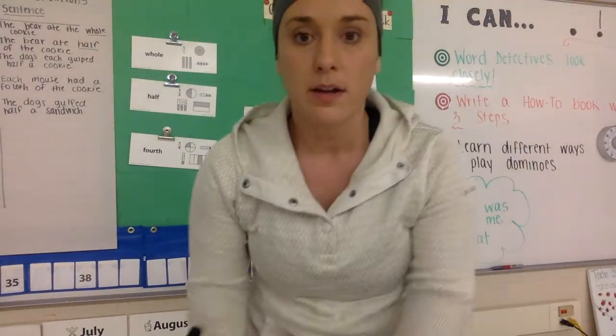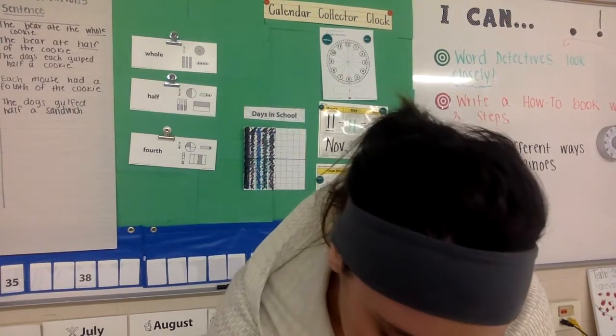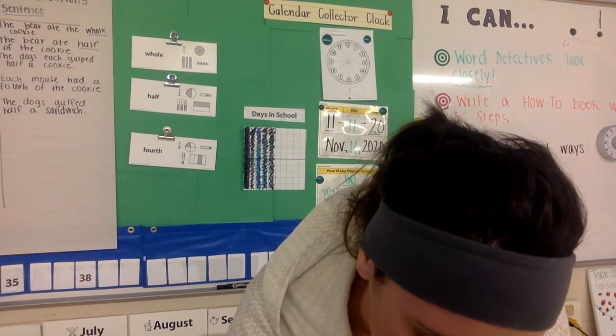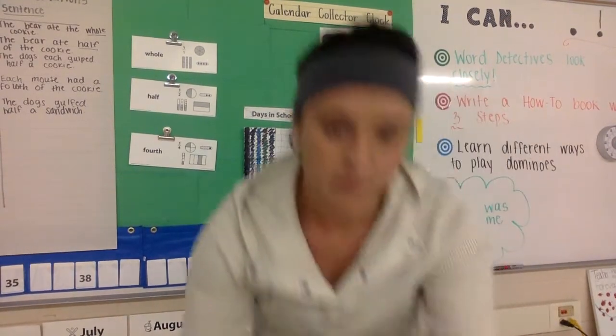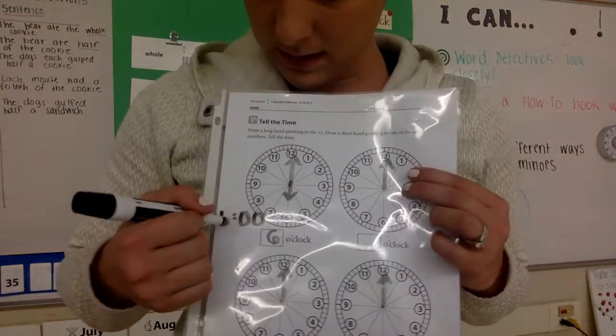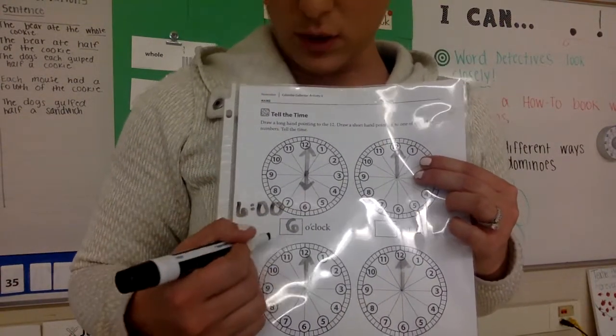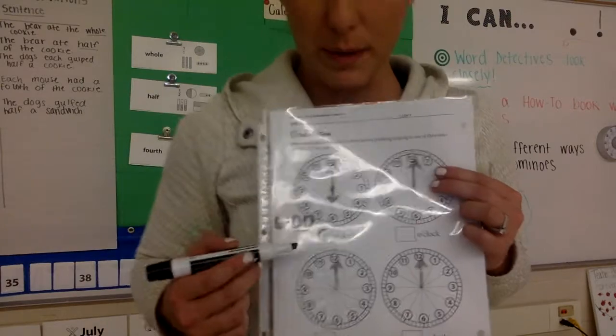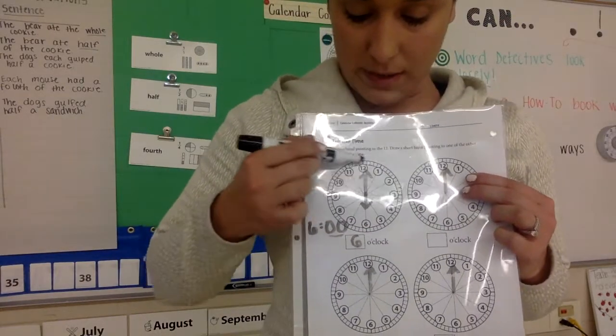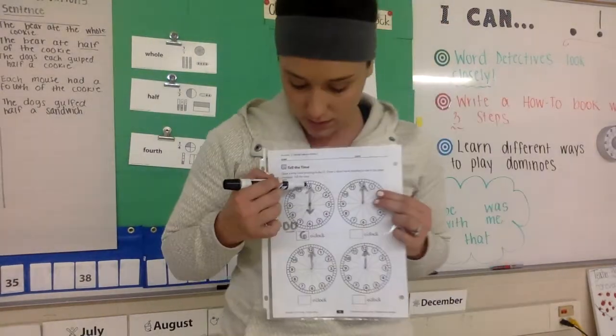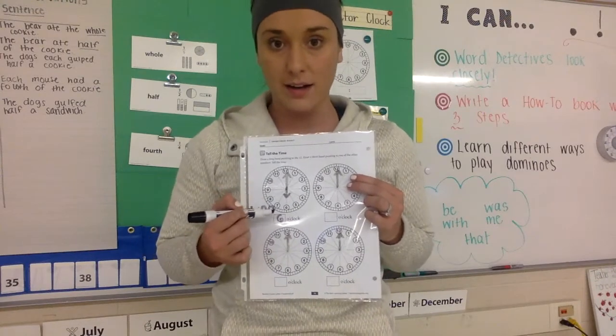So you could also write it like this. Watch carefully. A 6 and then 0, 0 because that is your minutes. That's your big hand, and we know there are no minutes because it is on the 12. So it would be 6 o'clock.